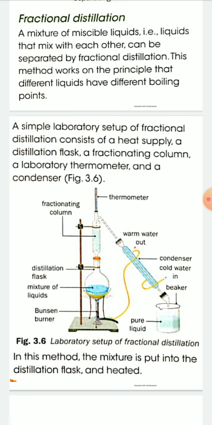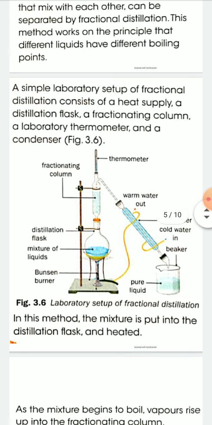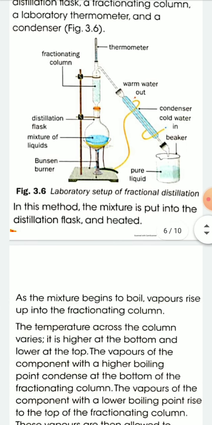So this entire figure is a laboratory setup of fractional distillation. In this method, you have to put the mixture in a distillation flask. Then you have to heat the distillation flask with a burner.